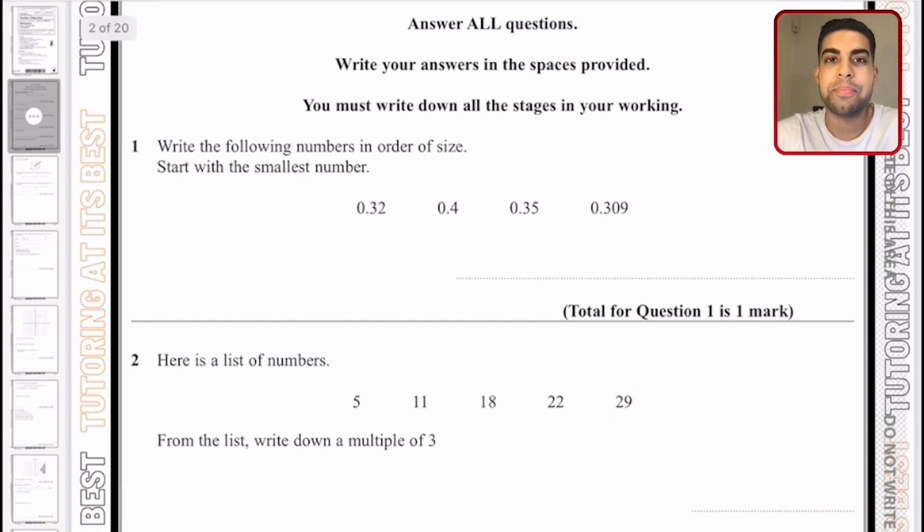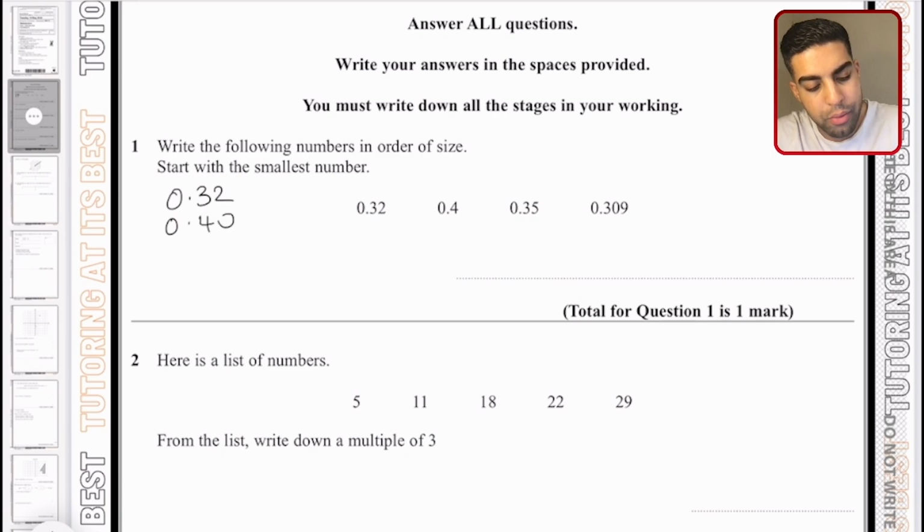Question number 1. Write the following numbers in order of size, starting with the smallest. So what I tend to do here is write out all of my numbers in a vertical fashion. Starting with the first, let's go with 0.32, 0.4, and just filling in all of the gaps that we have. 0.35 and 0.309.